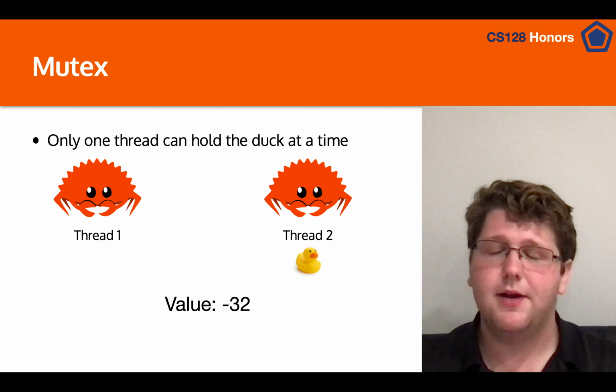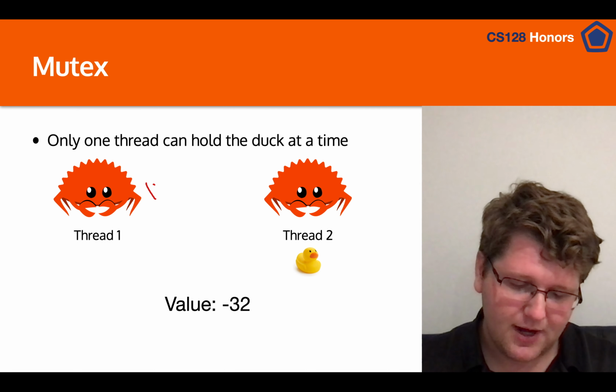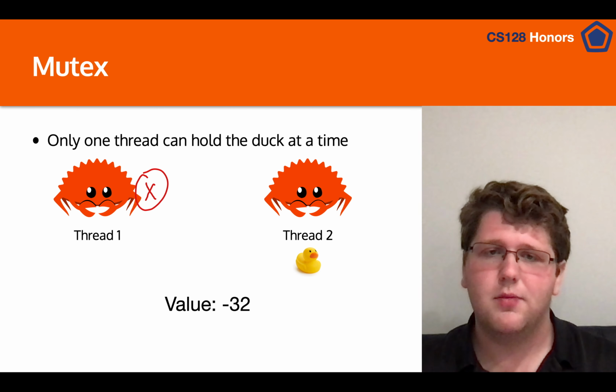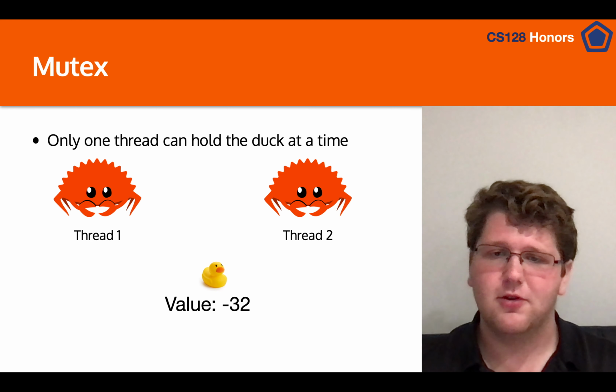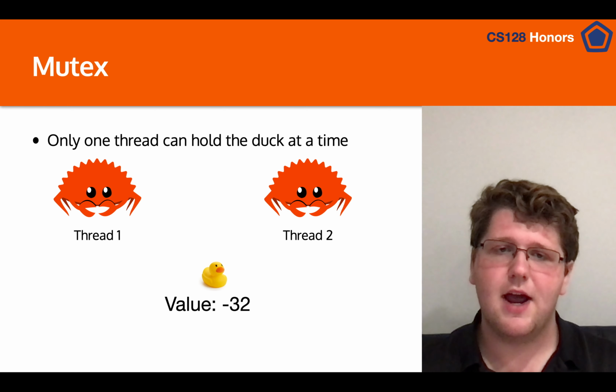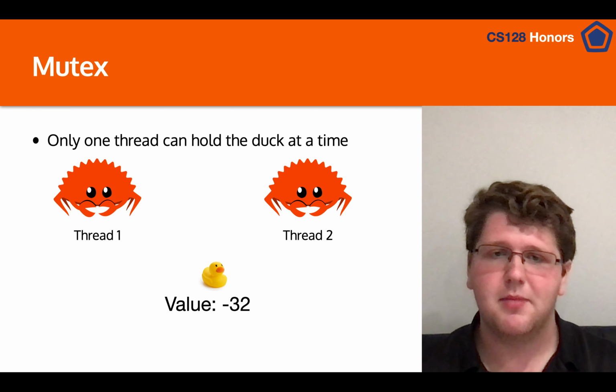Thread 1 will not mind because it's not trying to access it. If it did, it would block until thread 2 is done with it. Finally, thread 2 will return the rubber duck, and now either thread the next time it runs into it could pick up the rubber duck and make its modifications.